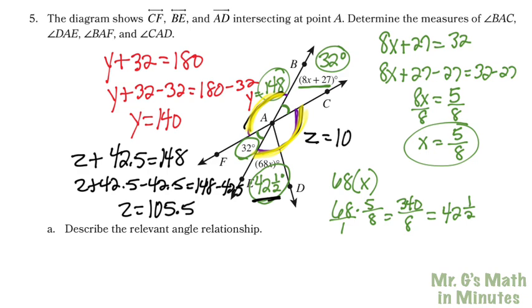So there is our last missing angle. And if you take, again, all of these angles, 48, 32, 105.5, 42.5, and 32, those go all the way around in a circle, and you should have 360.